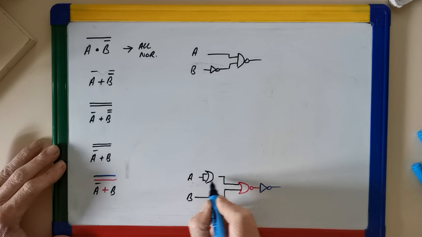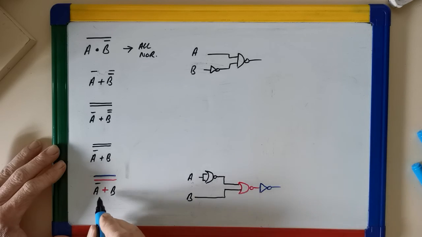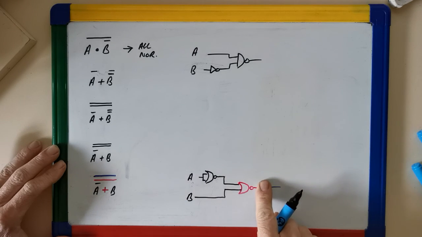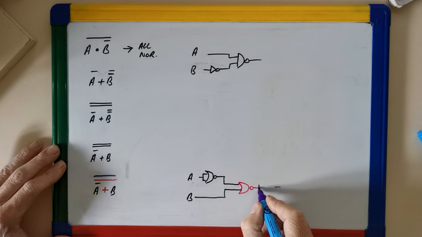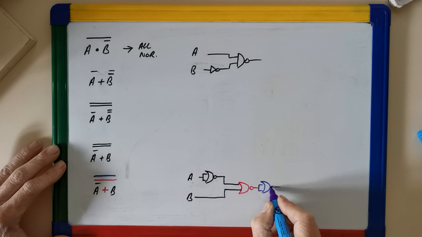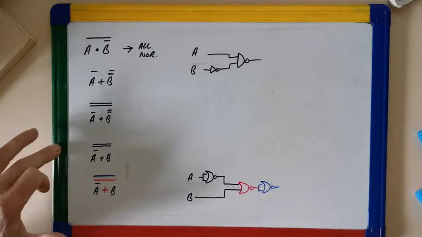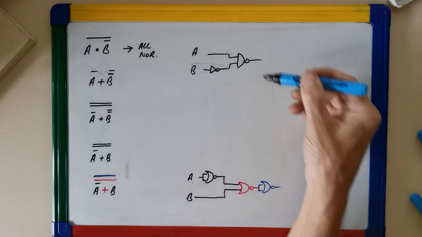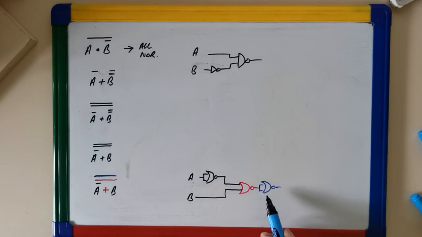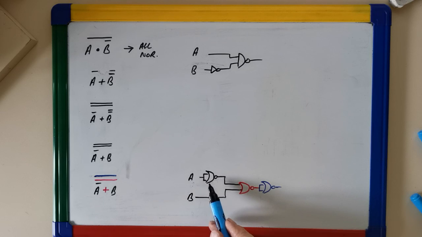There's no different symbol over here. So we end up with that. And this circuit will do the same job as this circuit, except this is built with only one type of component, in this case a NOR gate.